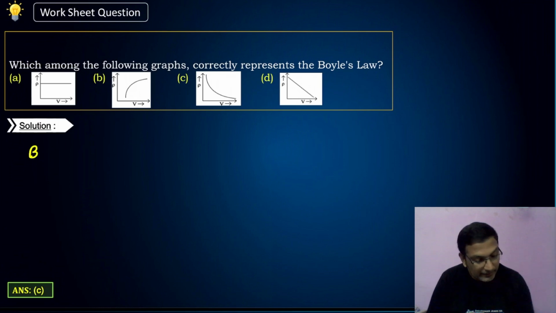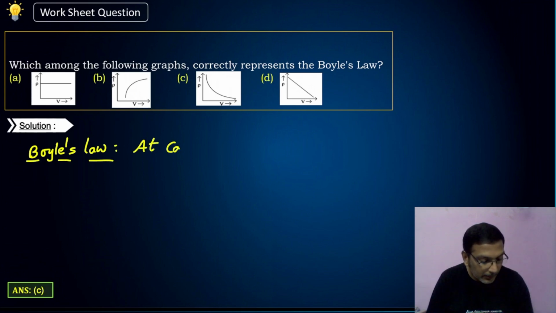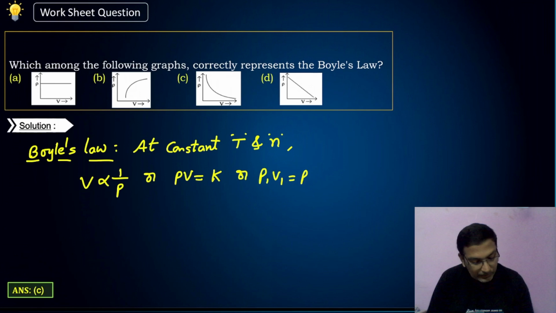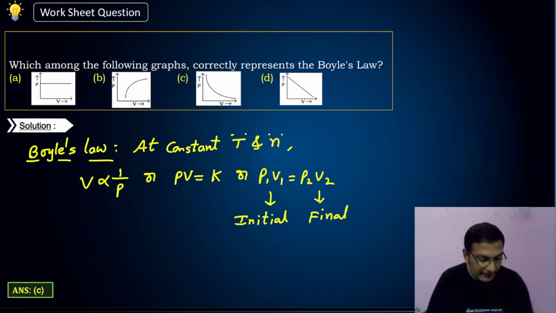We know Boyle's law: at constant temperature and number of moles of gas, the volume of a given mass of gas is inversely proportional to its pressure, or we can write PV equals constant, or P1V1 equals P2V2. Here P1V1 are initial conditions and P2V2 are final conditions.